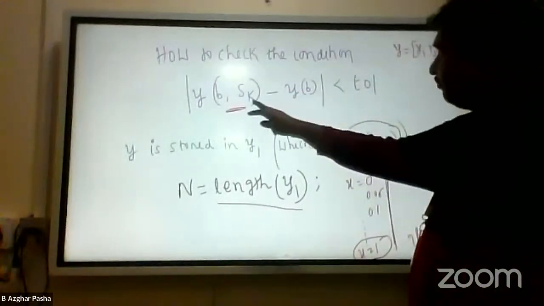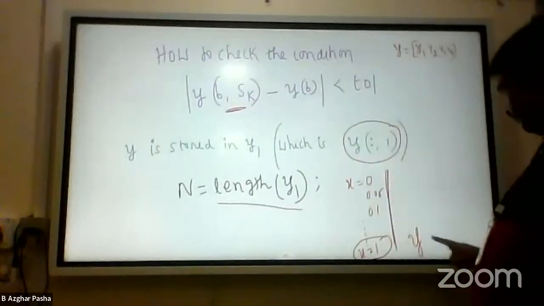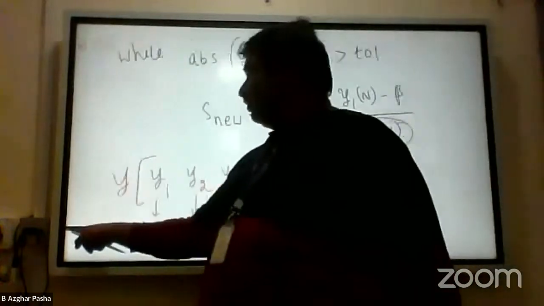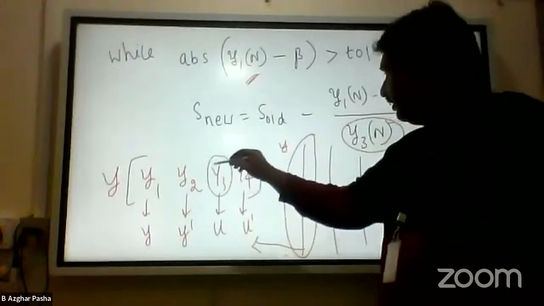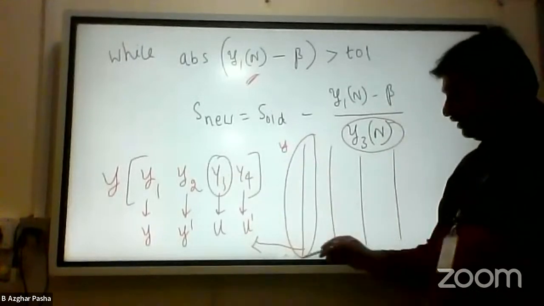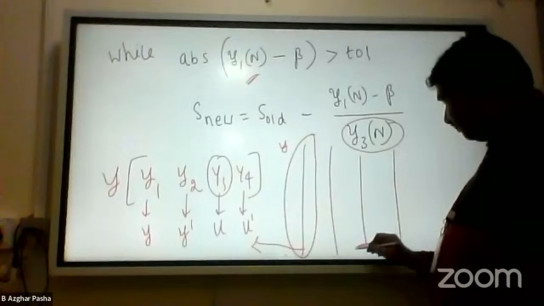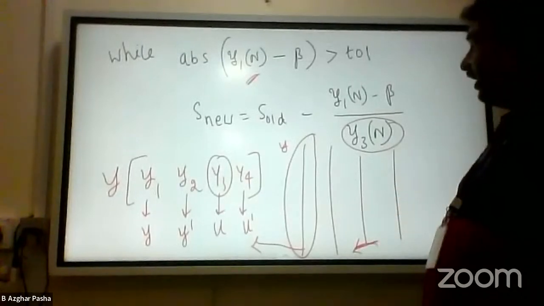So y of b is the first column of y, and the denominator u is the third element of y, which is nothing but y3 of n. Third column, last element, y3 of n.